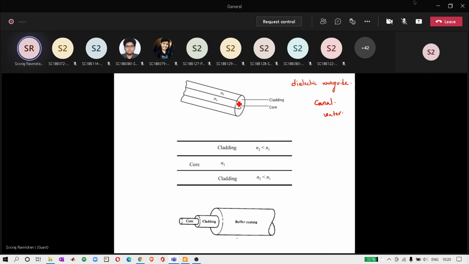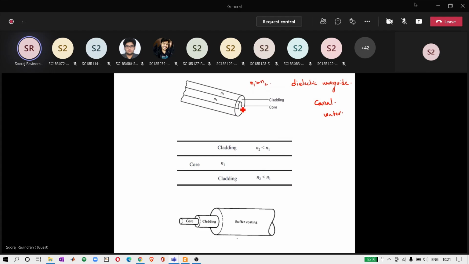It's a coaxial dielectric cylinder. The center region is called the core, which has a higher refractive index, and surrounding it you have another material with a slightly smaller refractive index, called the cladding. So core has a higher refractive index, cladding has a smaller refractive index. That means N1 would be greater than N2.